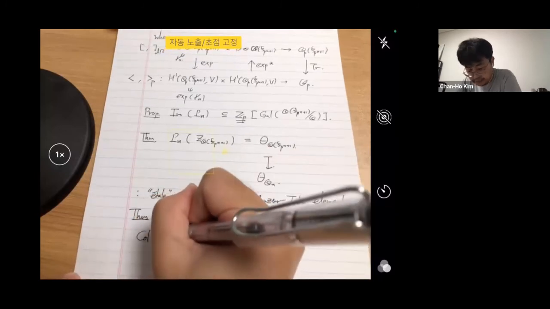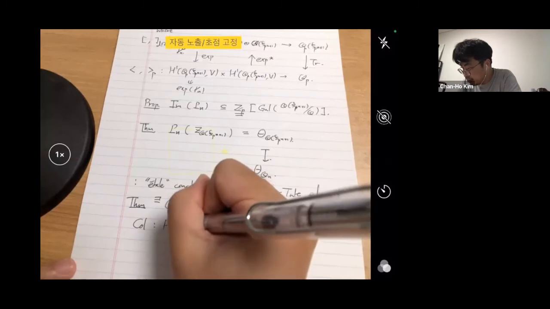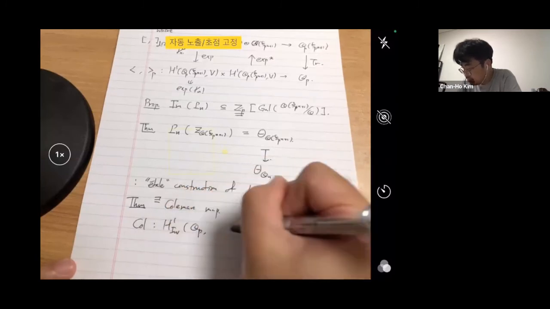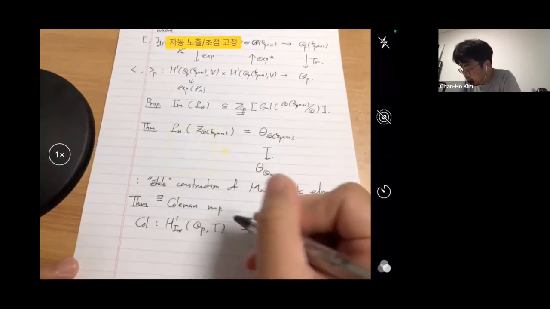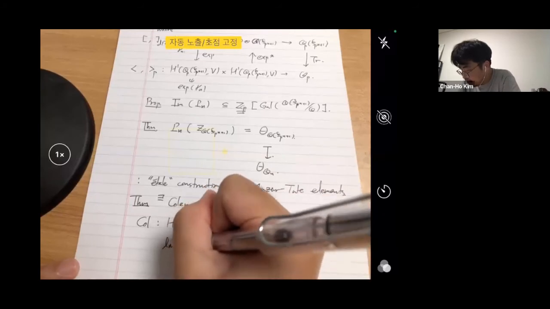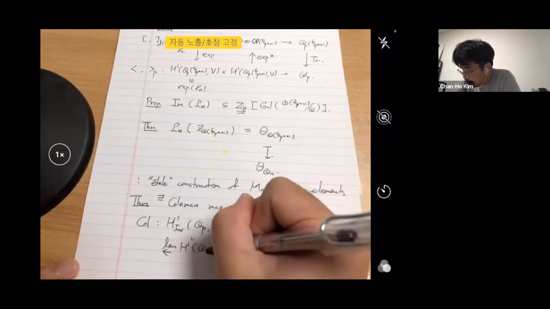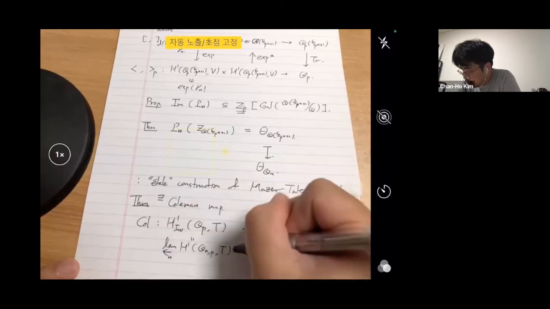Now we consider the Iwasawa cohomology. Q_P goes to lambda, this means the inverse limit with respect to co-restriction. So Q and P T is then this.